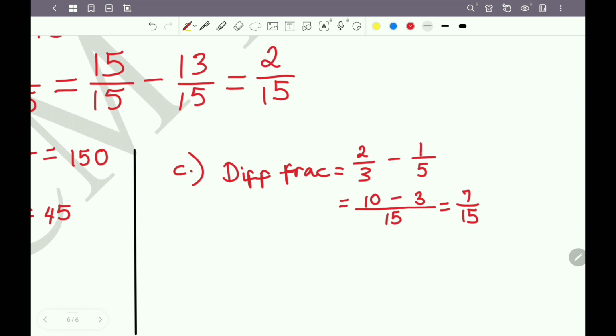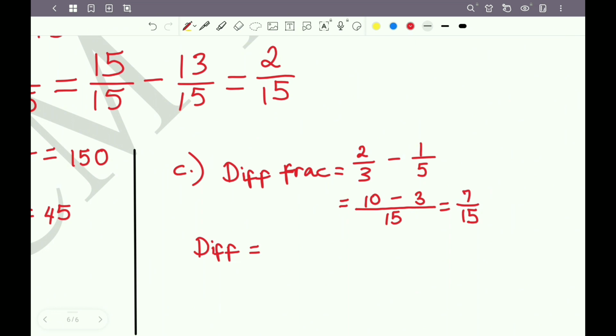Now this 7 over 15 actually represents the fraction of blue marbles minus the fraction of red marbles. So blue minus red, but as a fraction instead of a number. Now, in order to find out just the difference as a number, what we can do is multiply 7/15 by 225.